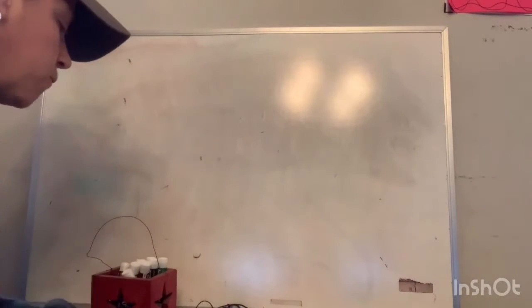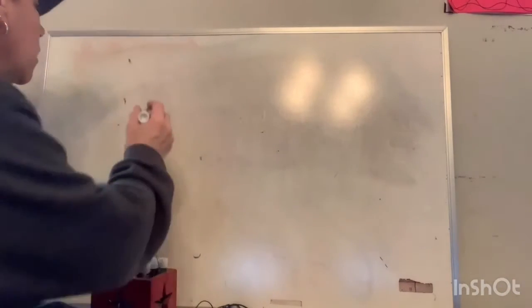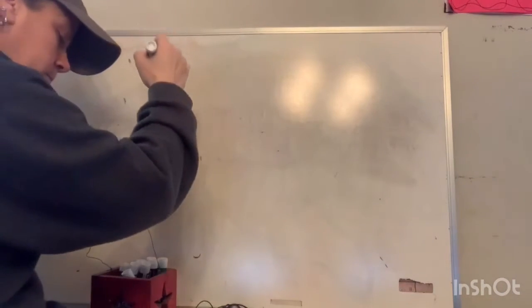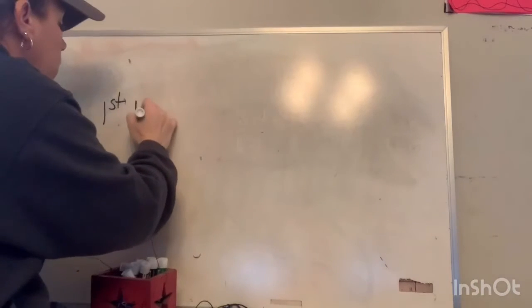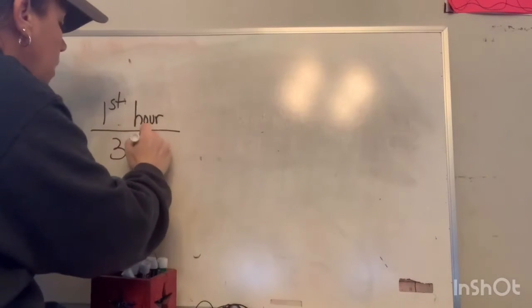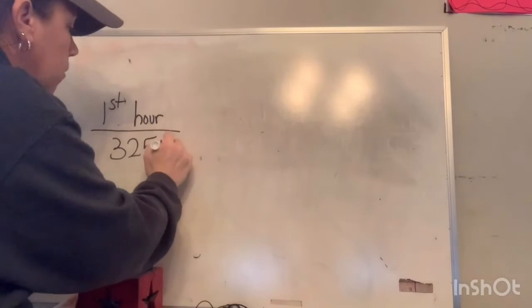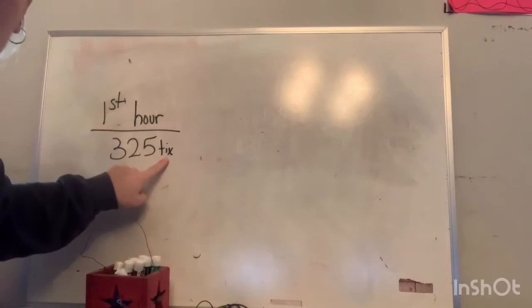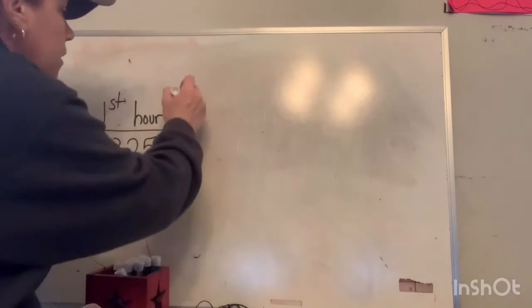All right, after the first hour of the carnival, in hour 1, can you see that? Yeah. First hour, 325 tickets had been sold. And I'm going to abbreviate that TIX, tickets. First hour, 325 tickets.